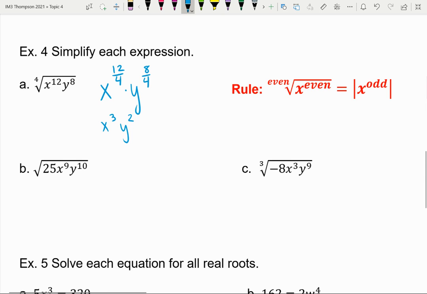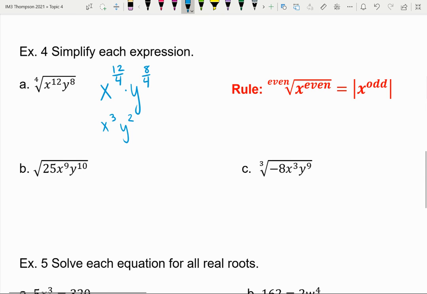Now there's this rule, and I want you to take it at face value today. We're going to dive into it more on another day on why it works. But the rule says that the even root of x to an even power, when it comes out as odd, I have to use these absolute value brackets. And the short reason is because I don't know whether x is positive or negative.